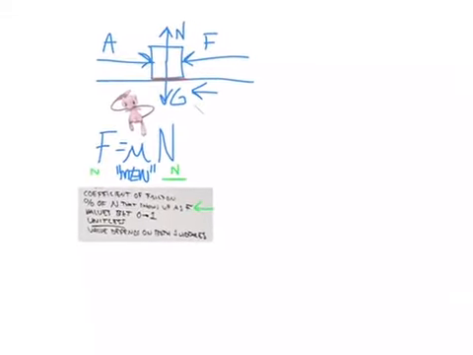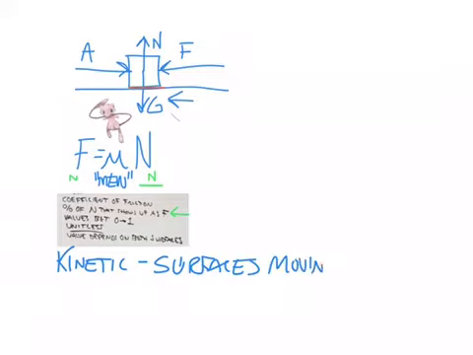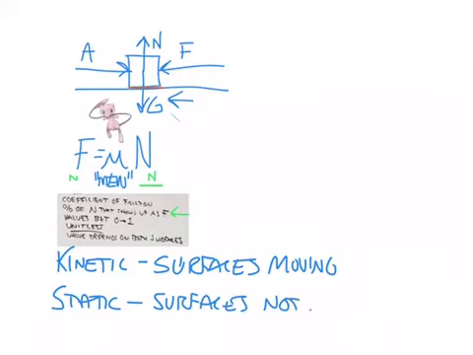All right, and there's two types of friction. We have kinetic friction, and that's if the surfaces are moving. And we have static friction, and that's if the surfaces are not moving.